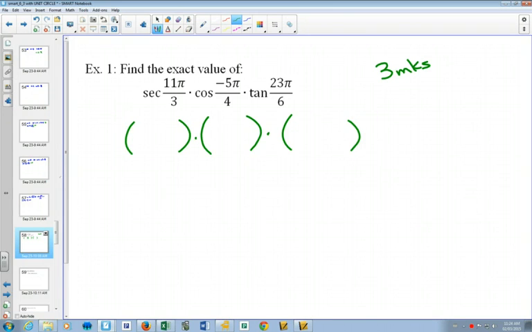Now, you might have to do some preliminary work. Eventually, you'll be able to do this sort of all in your head. But this is what would happen inside of your head in these cases. For secant, you would think about cos of 11 pi over 3.